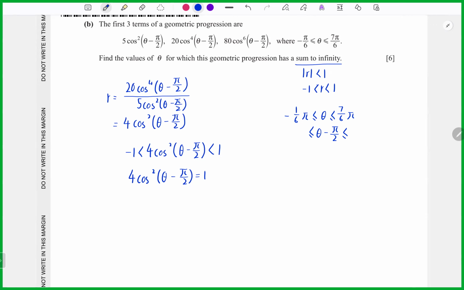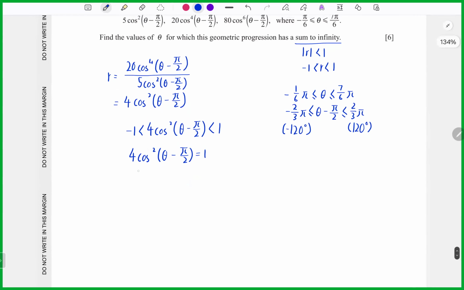Seven over 6 minus 1 over 2, 2 over 3 pi. Negative 2 over 3 pi here. So 2 over 3 multiplied by 180 degrees, actually here is 120 degrees, negative 120 degrees.